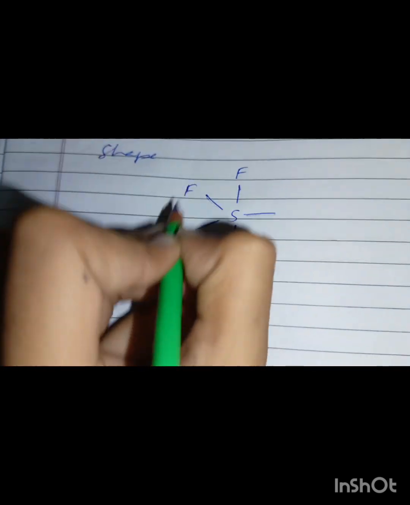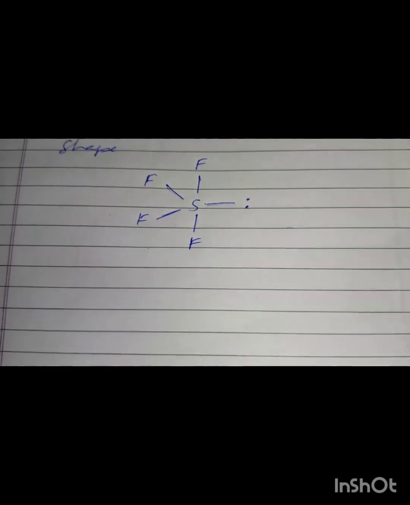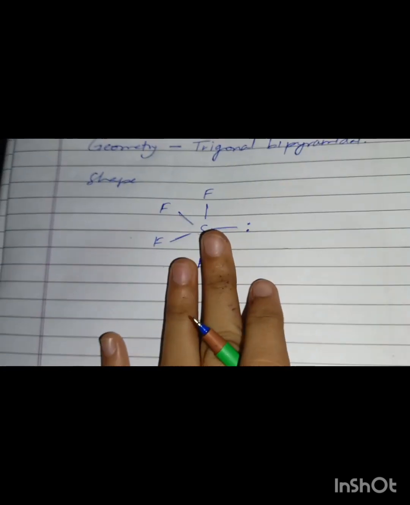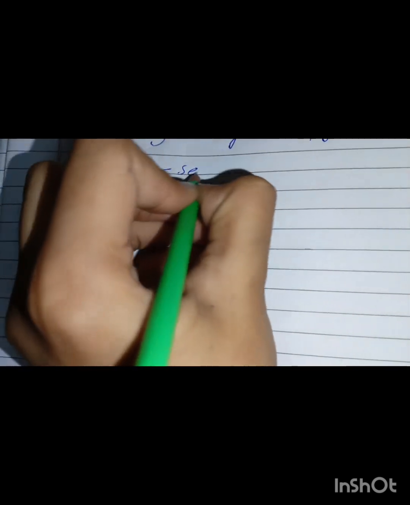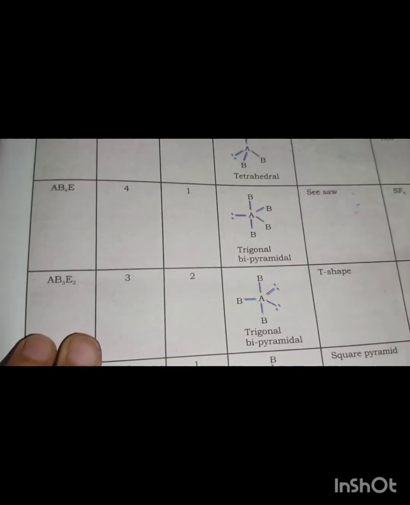So here no electron pair is placed, and we will place 1 electron pair here to minimize repulsion. So how does this look? It looks like a seesaw, so the shape of the molecule will be seesaw. See here. Then let's take another example.